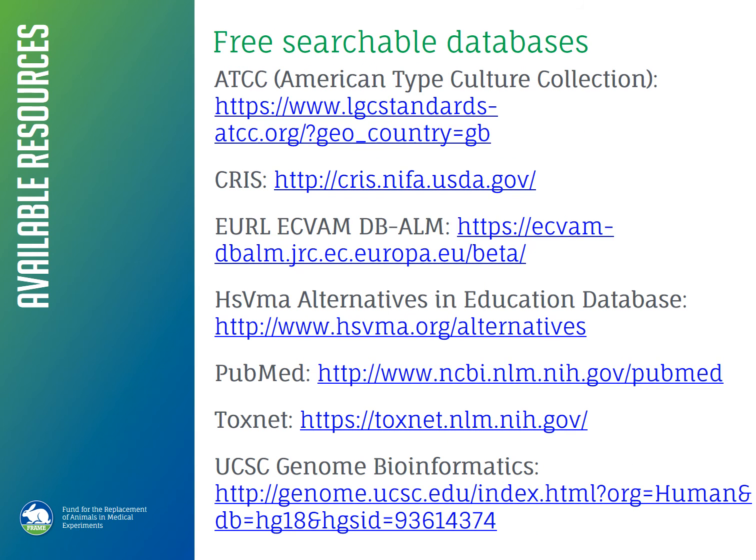Other databases include the American Type Culture Collection, whose searchable collections include a wide range of biological materials for research, including cell lines, molecular genomic tools, microorganisms, and bioproducts. There's also CRIS, the Current Research Information System database, which provides information on research projects supported by the United States Department of Agriculture.